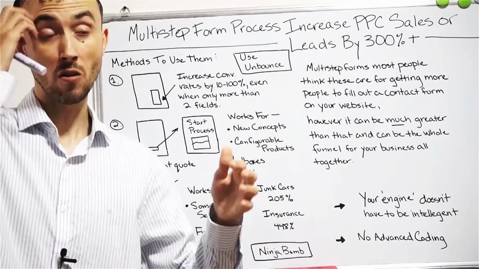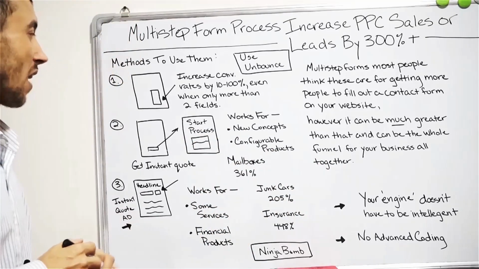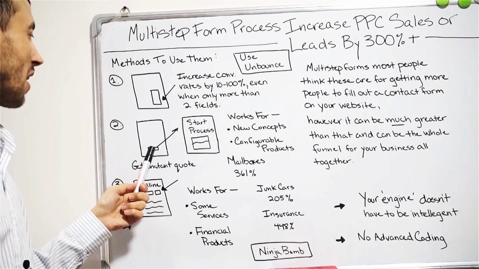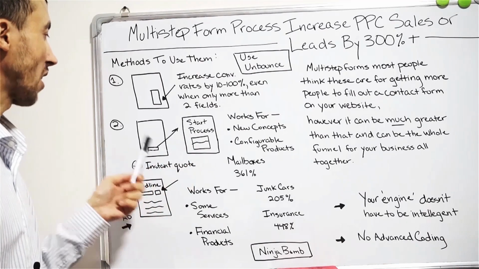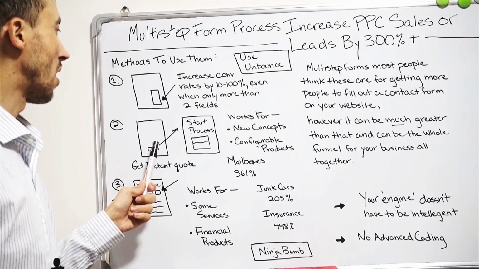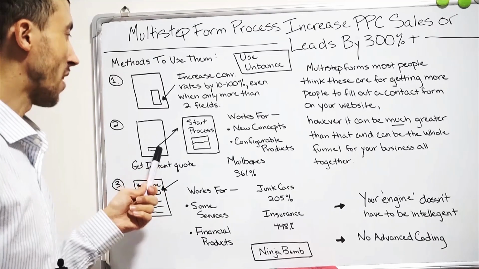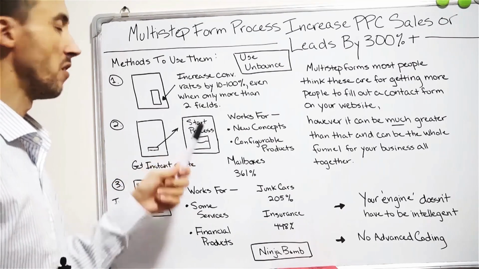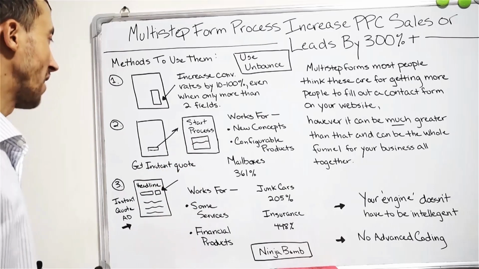Sometimes they'll buy right away, but in general, overall, the people that come back are going to come back at a higher rate as well. So that's how that works. And basically speaking, typically I'm going to go customize, and it's either customize your product now and get an instant quote on your customization, or it's just get an instant quote on our product as your call to action on the initial landing page that you take people to from your PPC ads, and then you go to your multi-step process page after that.